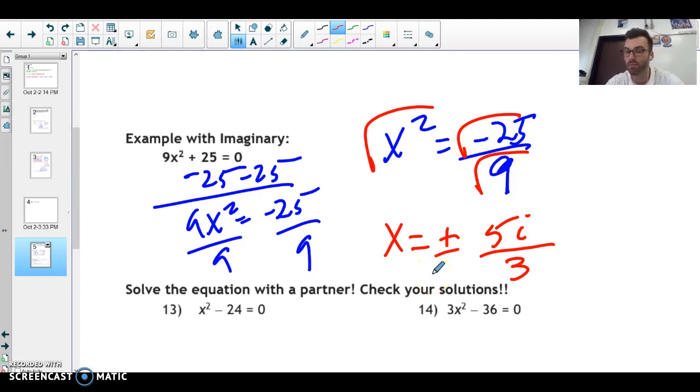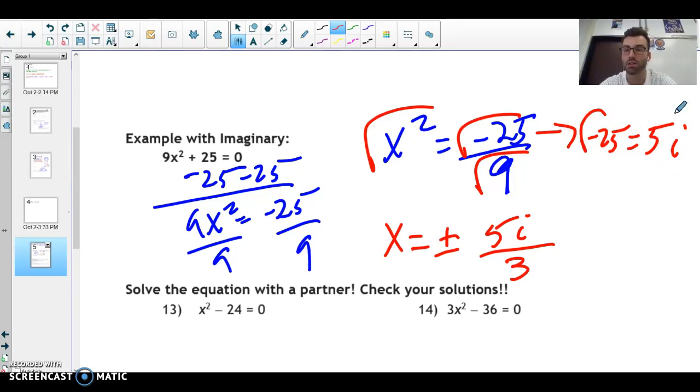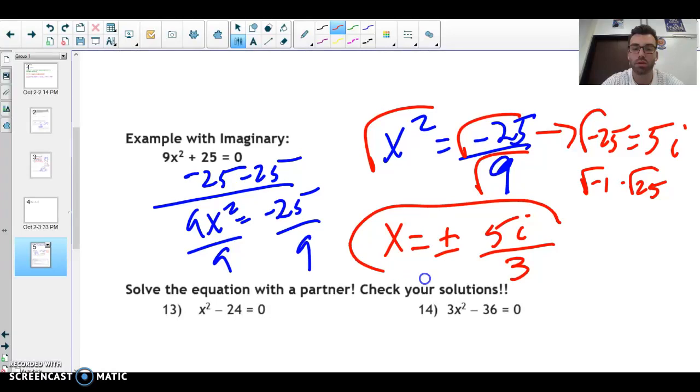So the square root of negative 25 becomes 5i. Think of it as negative 1 times the square root of 25. The 5 comes with the 25, the i comes with the negative 1. So this would be your answer.